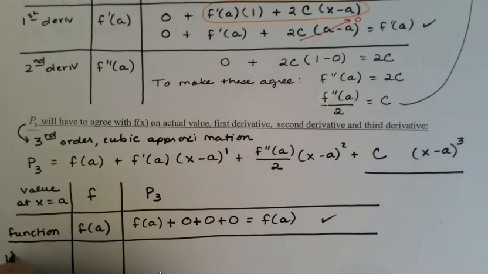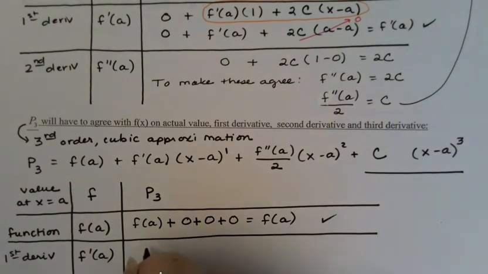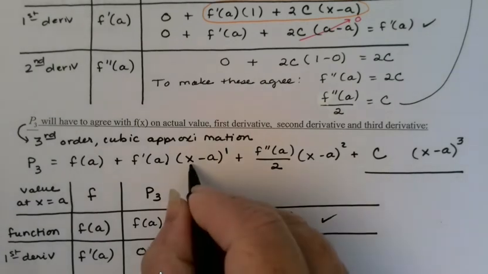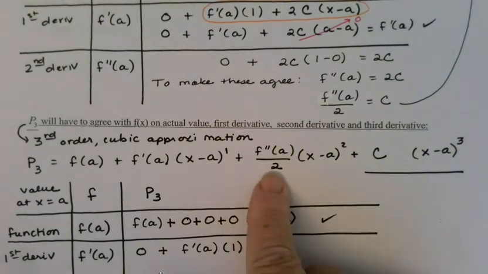First derivative is going to be f prime of a. If I take the first derivative of this function, P3, the derivative of a constant is 0, plus f prime of a is a constant multiplier, and the derivative of x is 1, plus that's a constant multiplier.